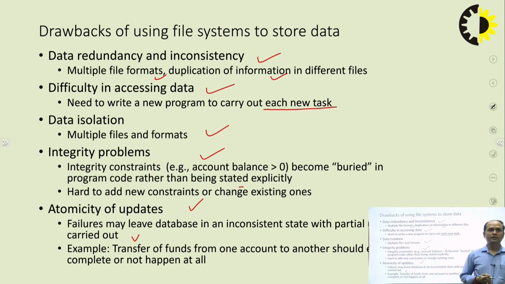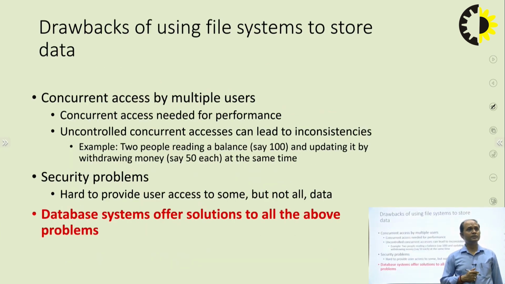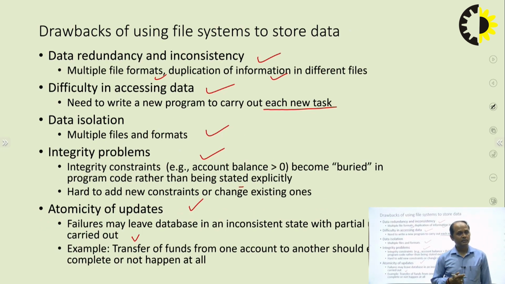In the file system, atomicity of updates cannot be ensured. So we can introduce a new system, DBMS, which can ensure atomicity of updates. These are some of the drawbacks of the file system, so we introduce the new system called DBMS.